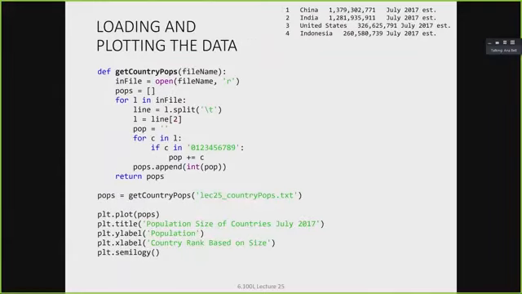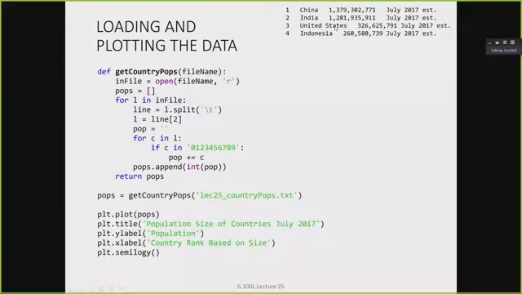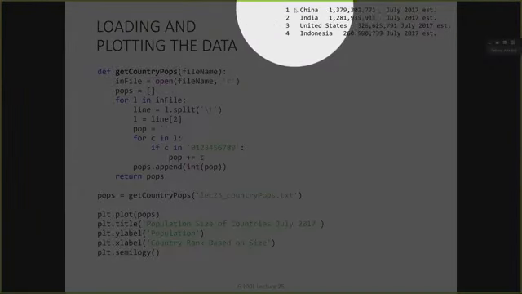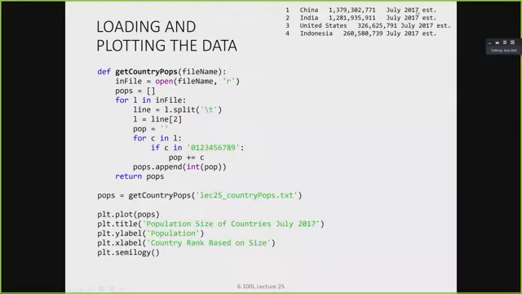So here's the function that reads in the file. It's going to have a very similar feel to the previous one. Again, I've got a little sample of our file up here just to remind ourselves what it looks like. In this particular file, I'm only interested in grabbing the population value, and it's a tab-separated file. So I've got rank, tab, country, tab, population, tab, and then the date.